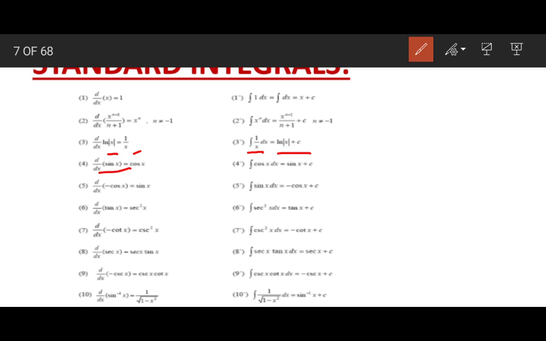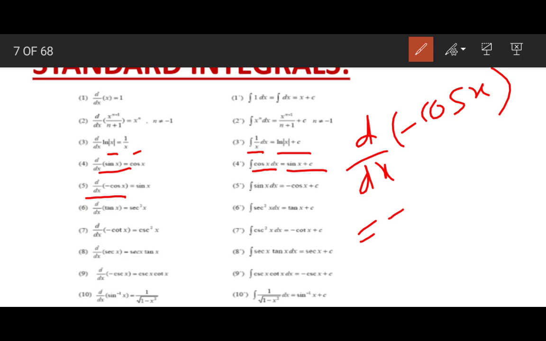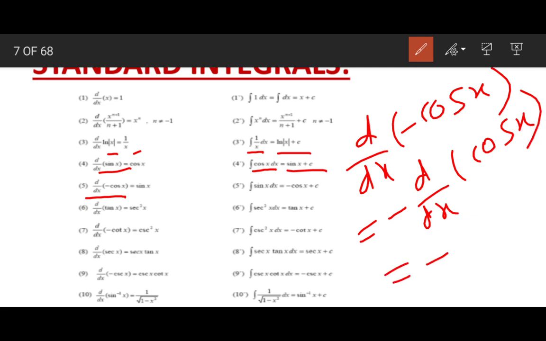Then derivative of sin x is cos x, and integral of cos x dx is sin x plus c. We know that derivative of minus cos x is minus, with the minus outside the derivative, derivative of cos x, which is minus sin x, so that is equal to only sin x.